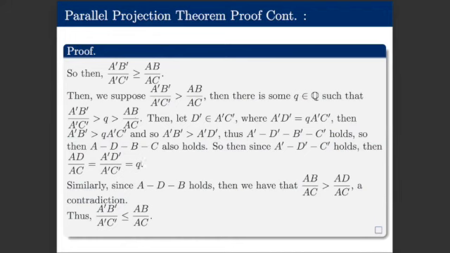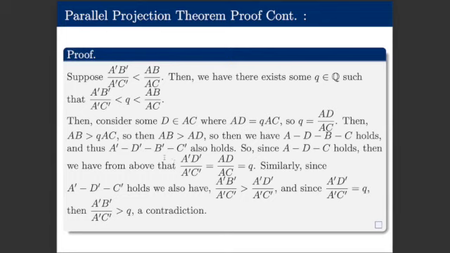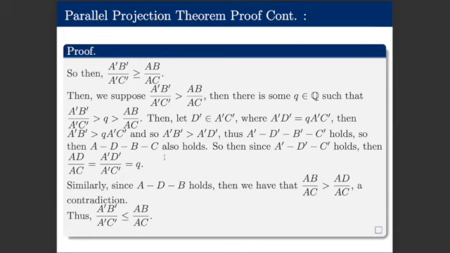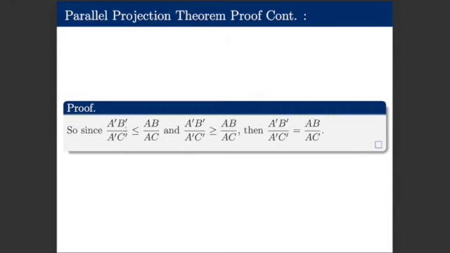It's the exact same proof as what we just went through, but we switch pretty much all of the primes and the non-primes, and switch a couple of the inequalities, and then we get another contradiction. So this is true. So if A'B' over A'C' is greater than or equal to and less than or equal to AB over AC, then they must be equal to each other.